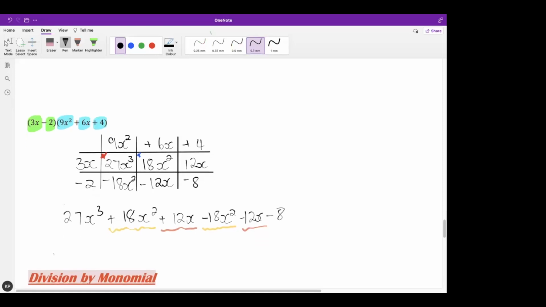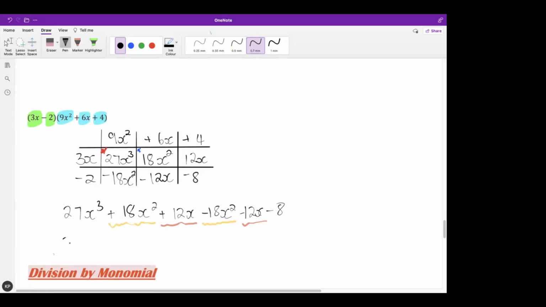Now let's see. I'm going to rewrite my 27x cubed. Now, what is 18x squared minus 18x squared? It's like saying 18 minus 18. They are like terms. They're the same thing, right? So it's 0. So it's gone.